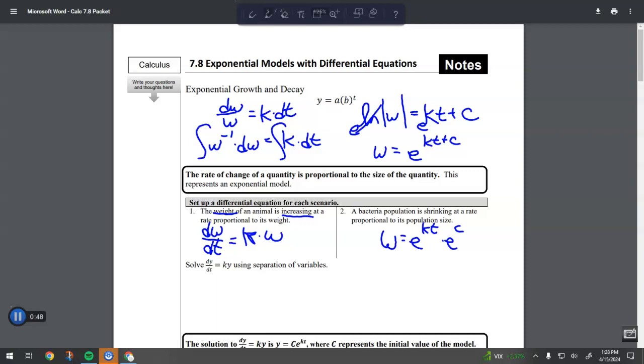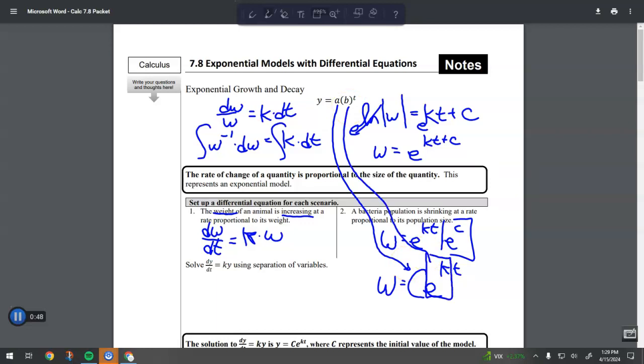You'd add them together, right? So I'm just separating that. And then we said, well, that's just a constant. So W is going to equal c times e to the kt. So that A is the C. The B is that constant e to the k, and then the t is the t.